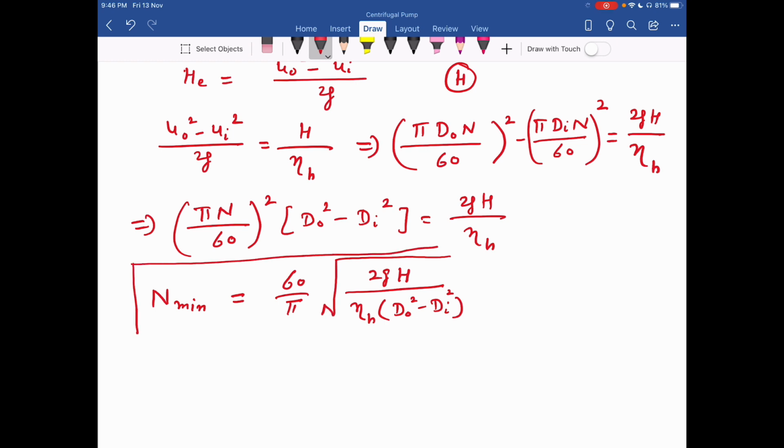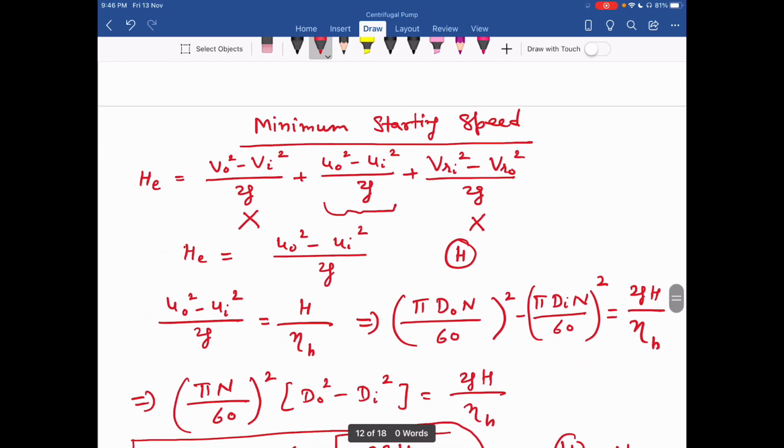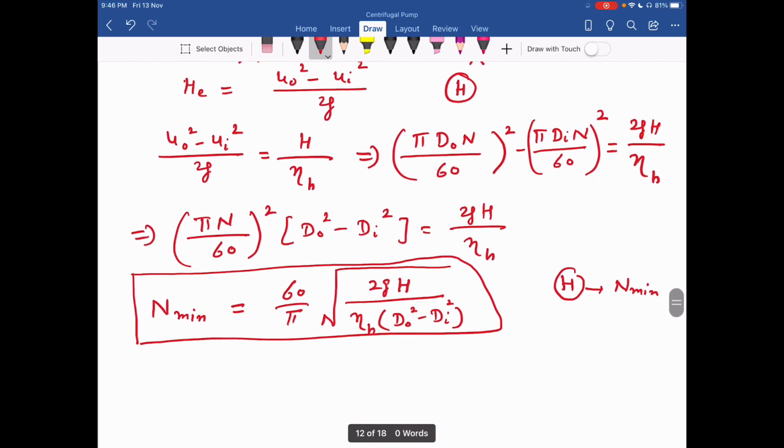So this is the formula to develop a minimum head of H with a minimum speed Nmin. This is the formula for minimum starting speed to develop a head H.